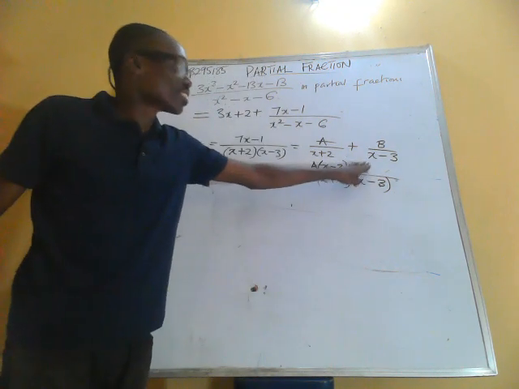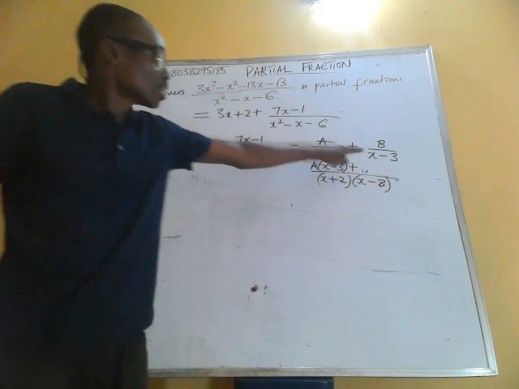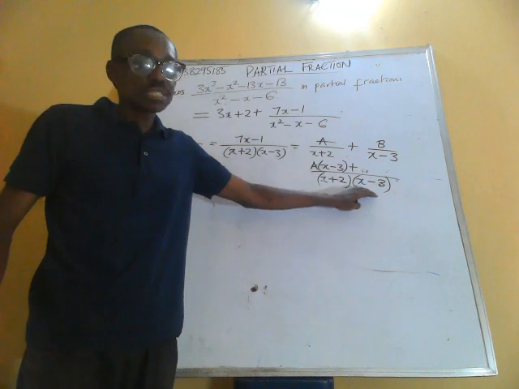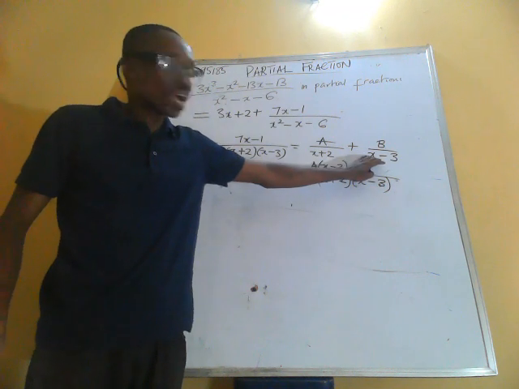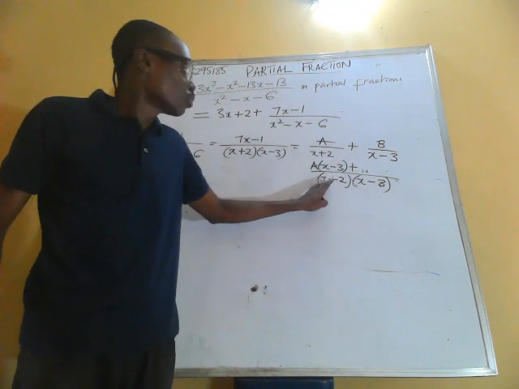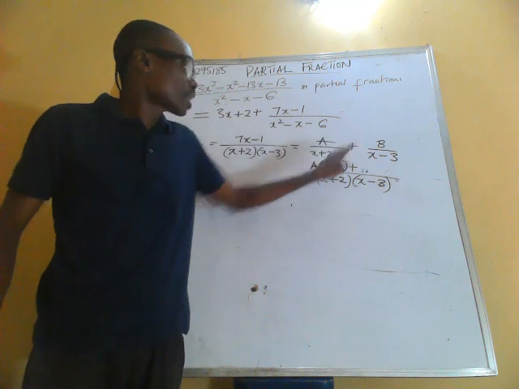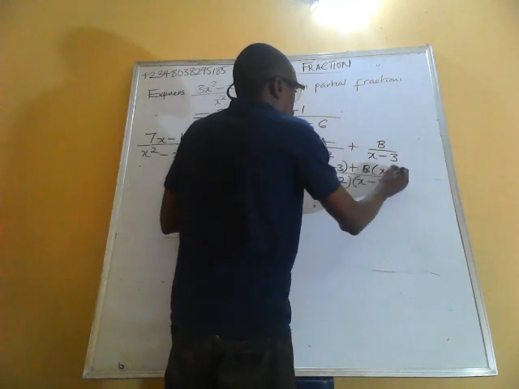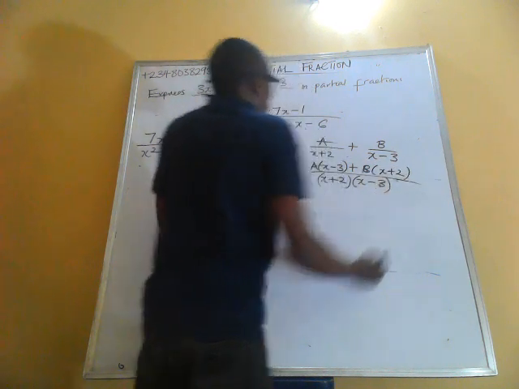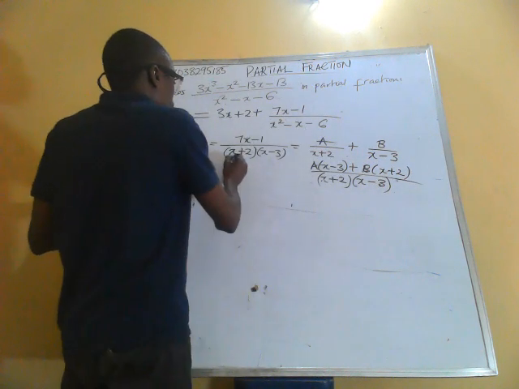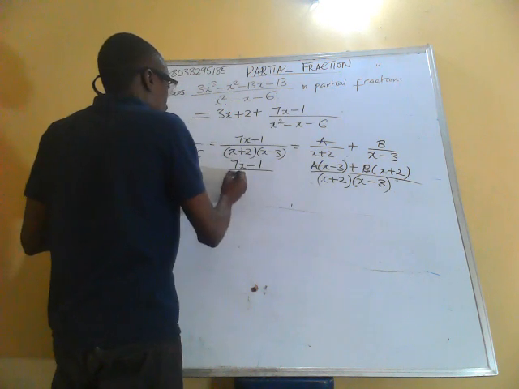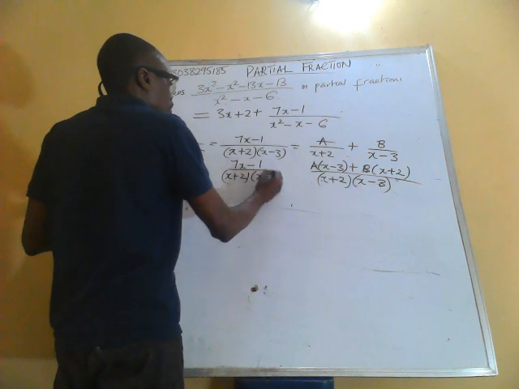Let me not jump straight ahead. Now for the other side, x minus 3 in the LCM, which is (x plus 2)(x minus 3). X minus 3 is going to cancel x minus 3, leaving you with x plus 2. So you have B times (x plus 2). You have 7x minus 1 all over (x plus 2)(x minus 3).